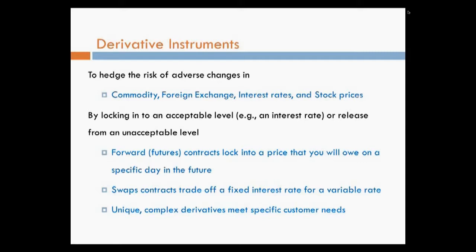Now, what's happened over the years is that derivatives could be as simple as a futures contract, and as complex as anything that your mind can take you to. There are very, very complex derivatives that are developed one-off for an individual customer or client who has a very specific risk that they're trying to hedge against.